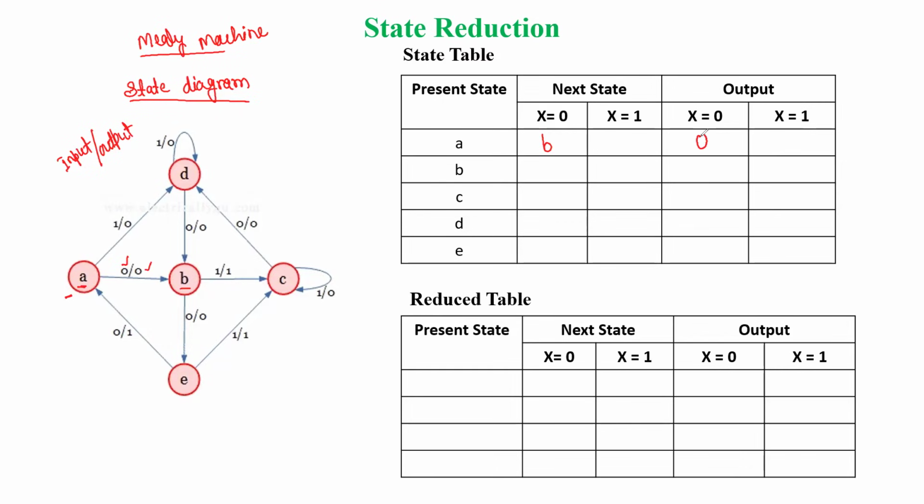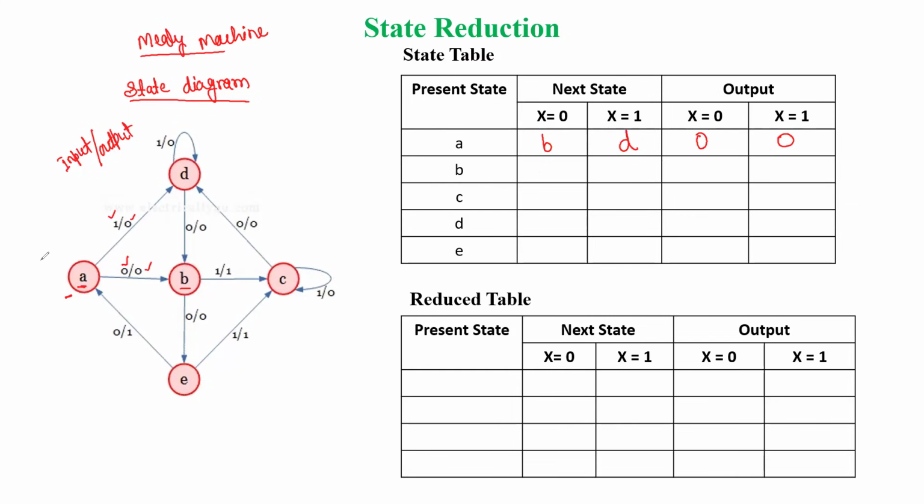So we are writing 0 here. Similarly, when we are at state A and the input is 1, what is the corresponding output? 0. When input is 1, it changes the state from A to D. So here we write D and the corresponding output is 0.